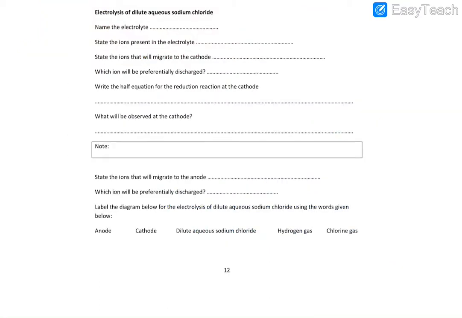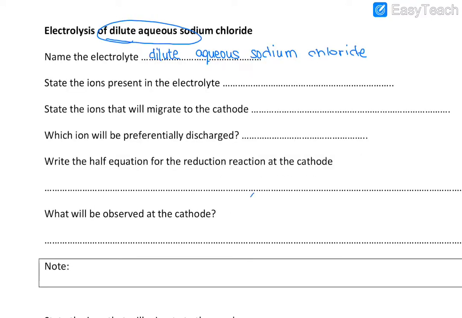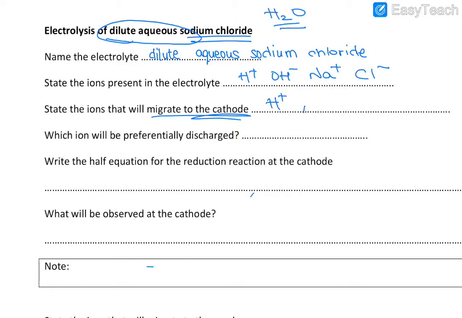Let's see an example of electrolysis of a dilute solution. When you see dilute aqueous, this means that it's not concentrated, so it will contain water in it. So there's going to be H+ and OH-, as well as Na+ and Cl-. At the cathode, you're going to have H+ and Na+ that migrate.